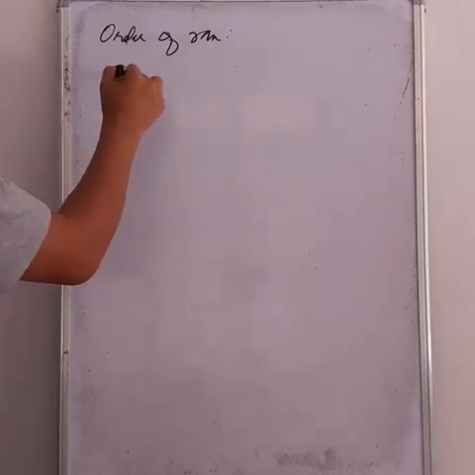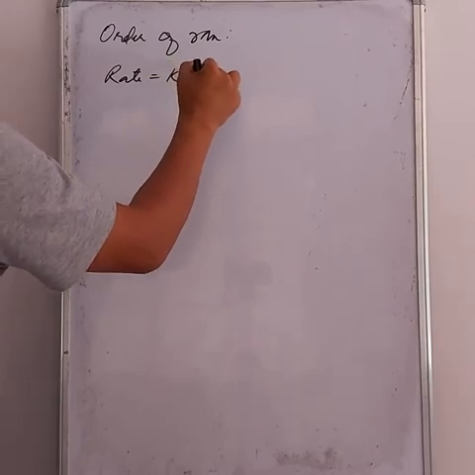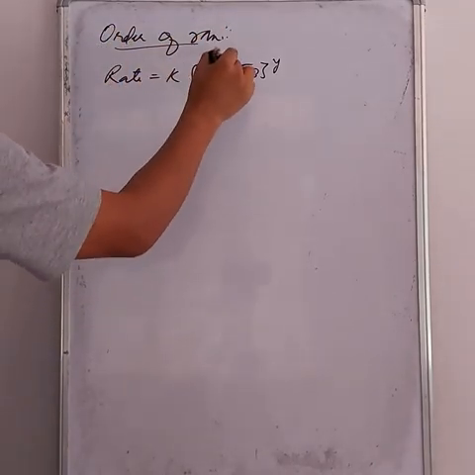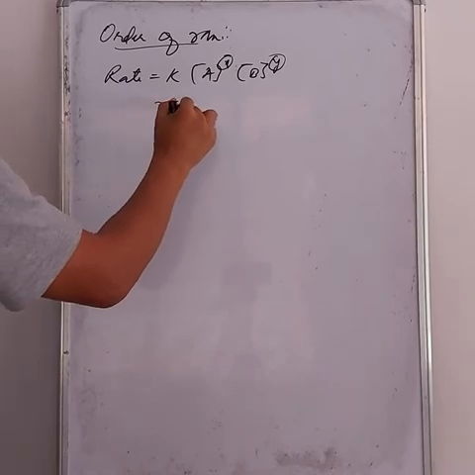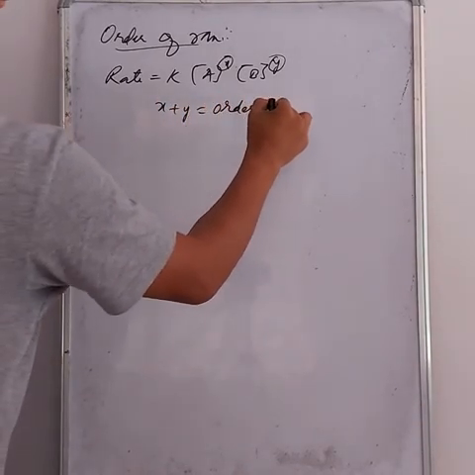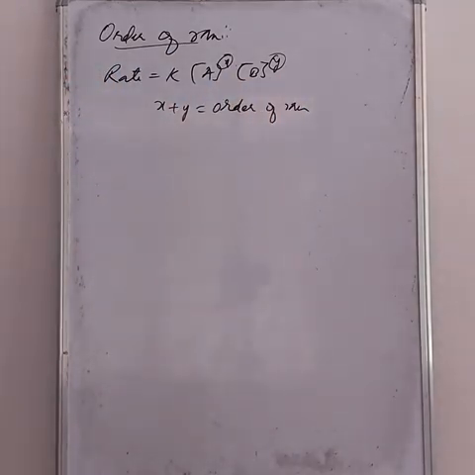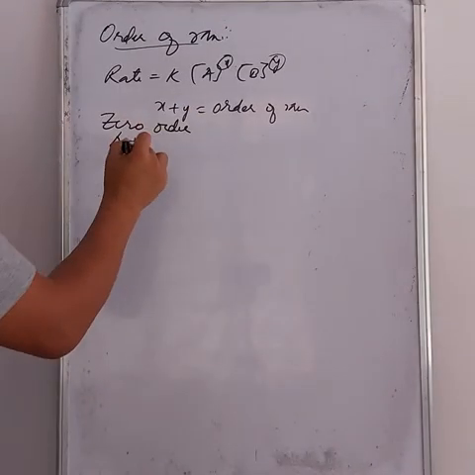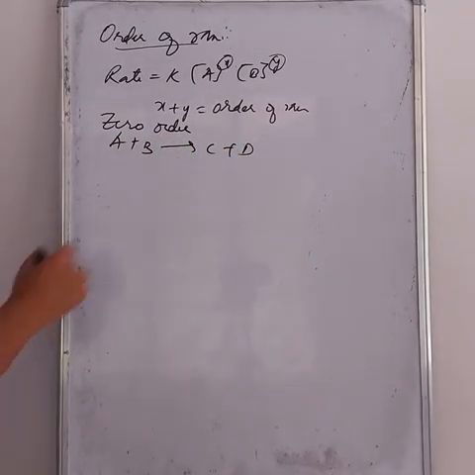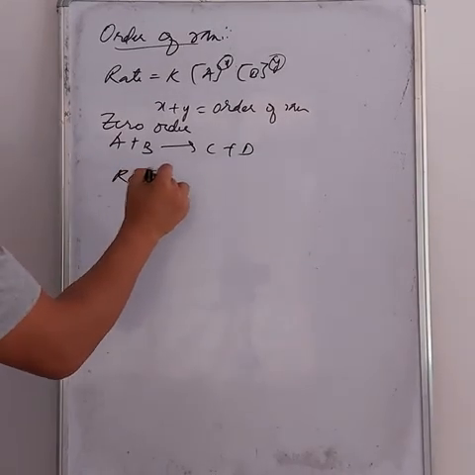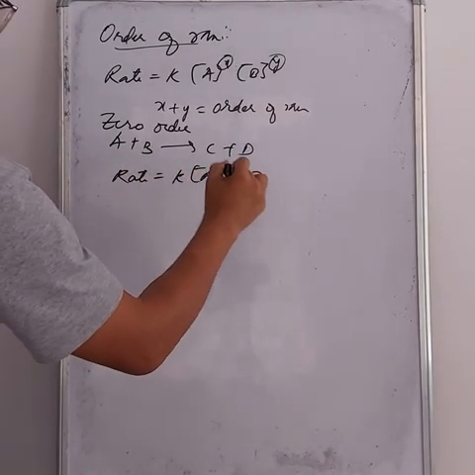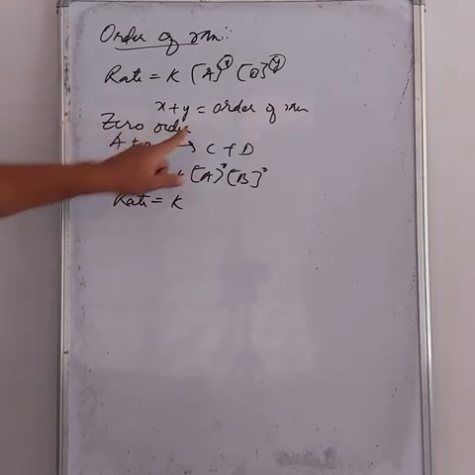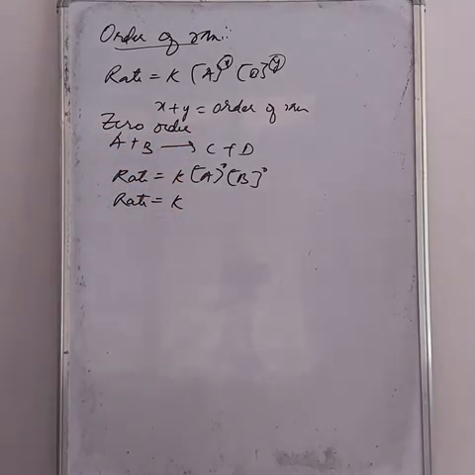We know that rate is given by K into A to the power X, B to the power Y. So the order of this particular reaction would be the sum of these powers, X plus Y. Suppose for zero order, A plus B giving us C plus D, in the rate, A and B to the power 0 will give us rate equals K. So in a zero order reaction, the rate is equal to the proportionality constant K.